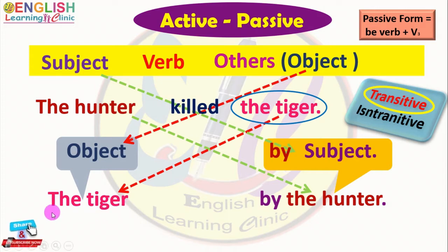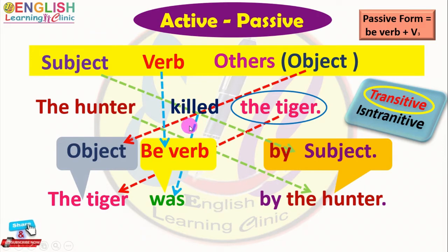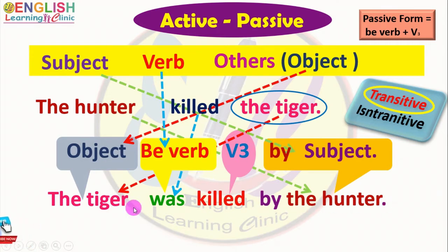As the tiger is third person singular number, in that case was is appropriate. Next, the past participle form, that is the third form of the verb killed, will be placed after it. Now, this is the sentence with the passive form of the verb killed. The tiger was killed by the hunter.